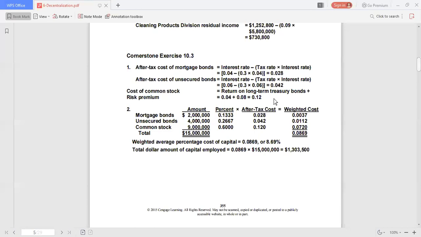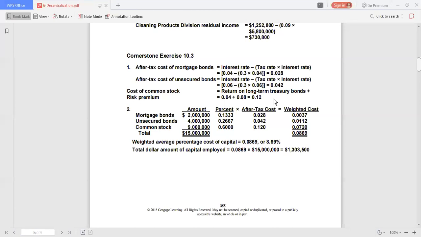So that gives us 0.06, and then we deduct the tax rate times the interest rate. So the answer is 0.042 for the after-tax cost of the unsecured bonds.